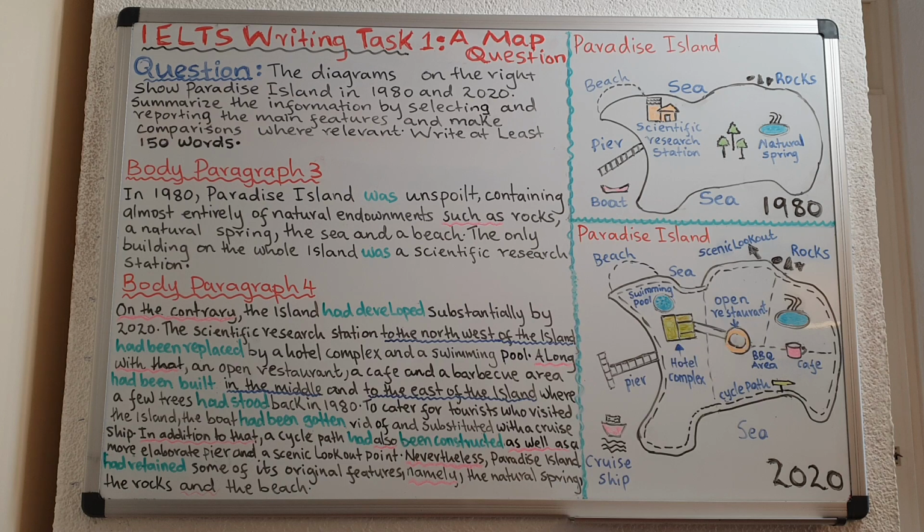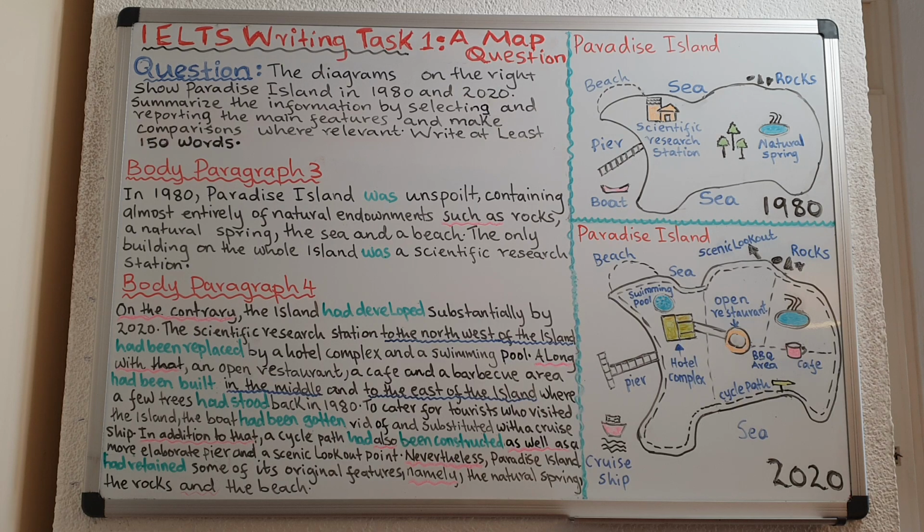So if you look at Paradise Island in 1980, you can see that the natural spring is still there in 2020. Also, the rocks are still there, and the beach is still there. So those original features of Paradise Island in 1980, they are still there in 2020.